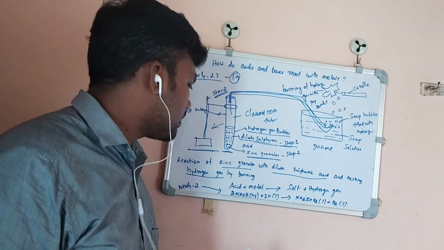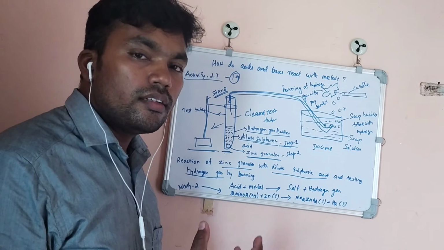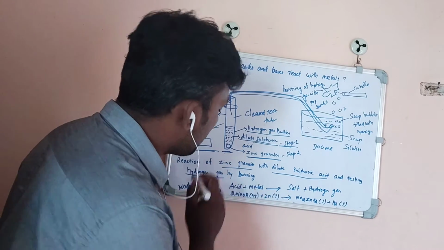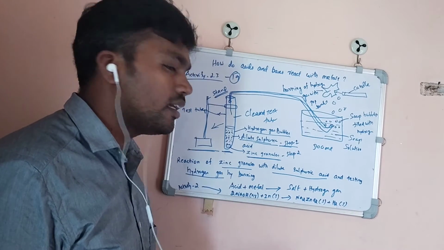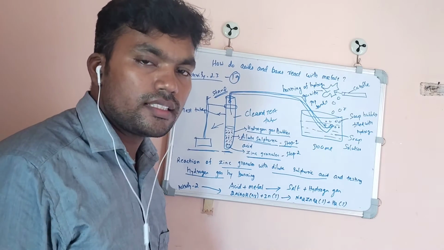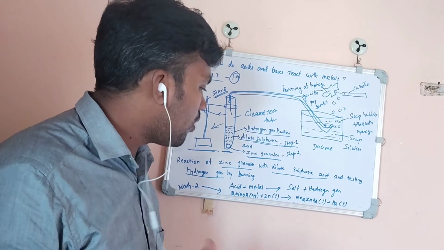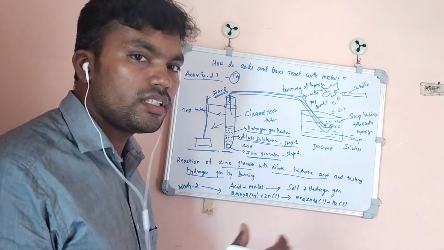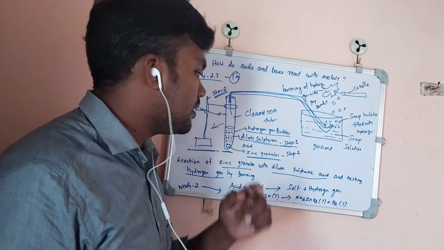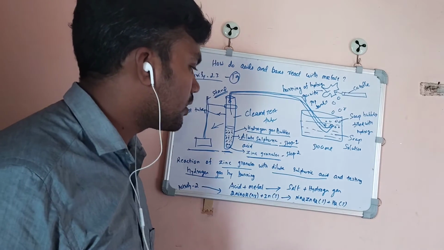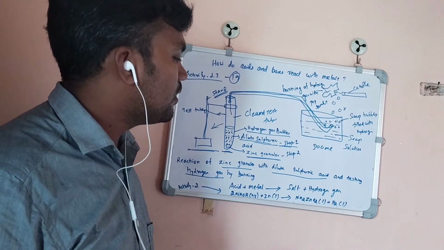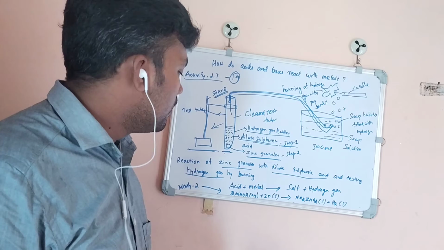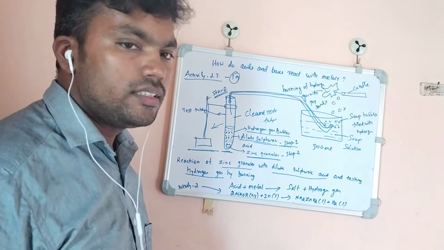The hydrogen atom from the acid is displaced as hydrogen gas, and it forms salt plus hydrogen gas. And you have tested the hydrogen gas with the help of the candle. This is activity 2.3.